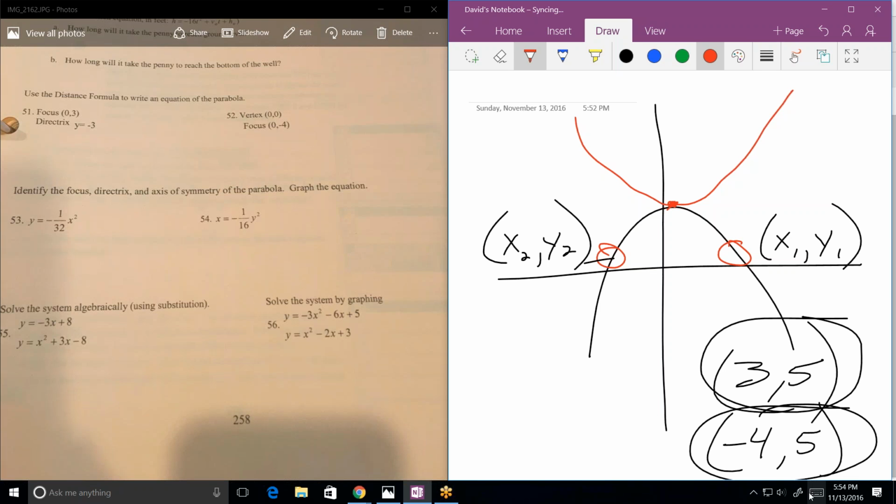I don't know what the solution is because I could pull up Wolfram Alpha and graph both of these, and it would tell me where they intersect, but that doesn't do you a whole lot of good. You need to be able to do it on your own. If you're not 100% sure you know how to do this, I would do this now.